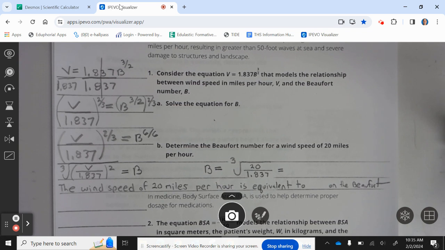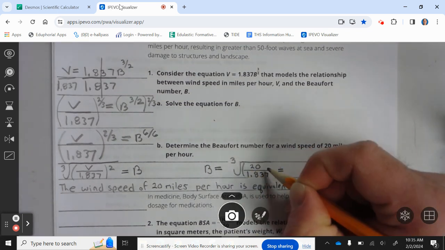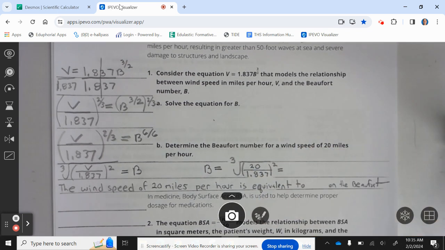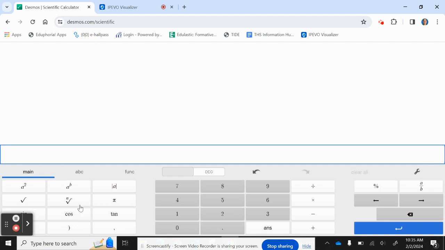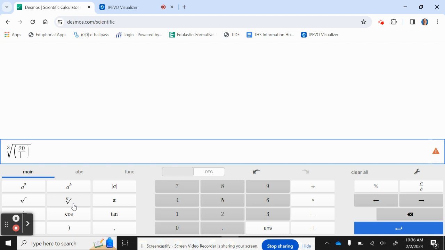Determine the Beaufort number for a wind speed of 20 miles per hour. So b equals the cube root of 20 divided by 1.837 squared. So we can go ahead and put that into a calculator. So cube root of parentheses 20 divided by 1.837 squared, which equals 4.9.